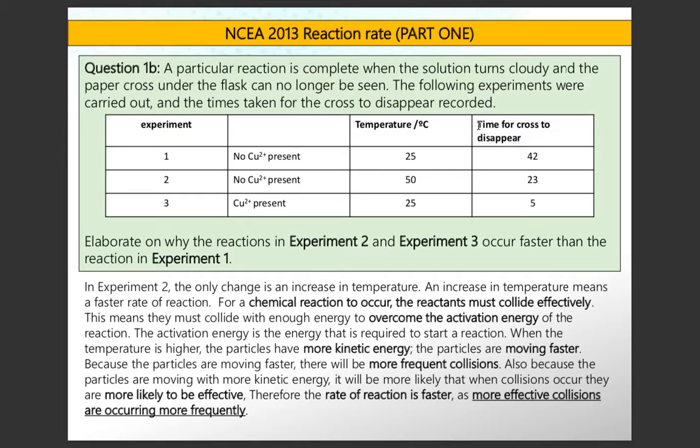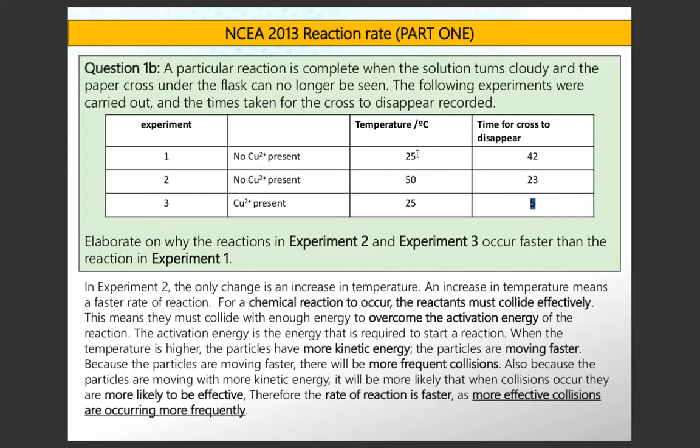In this case, it's time for the cross to disappear. That might be a cross under a flask, something you might have seen before in level 1 chemistry. For the first reaction, it's 42 minutes, then 23, and then 5. So obviously the 5 is the fastest rate of reaction.